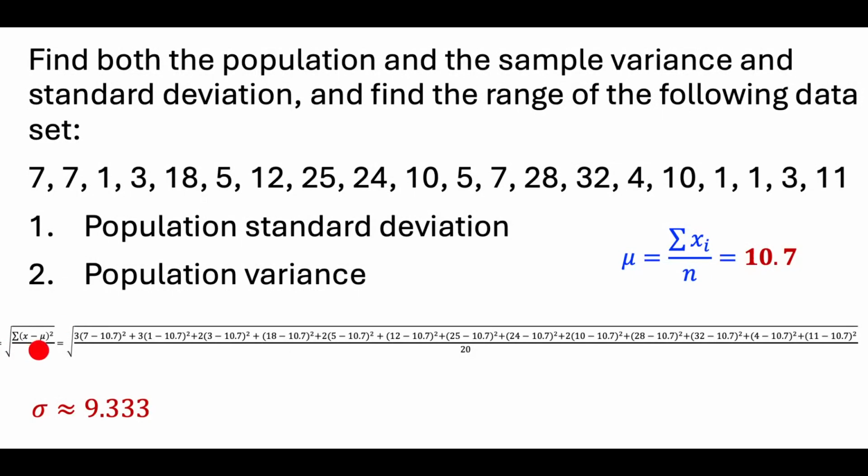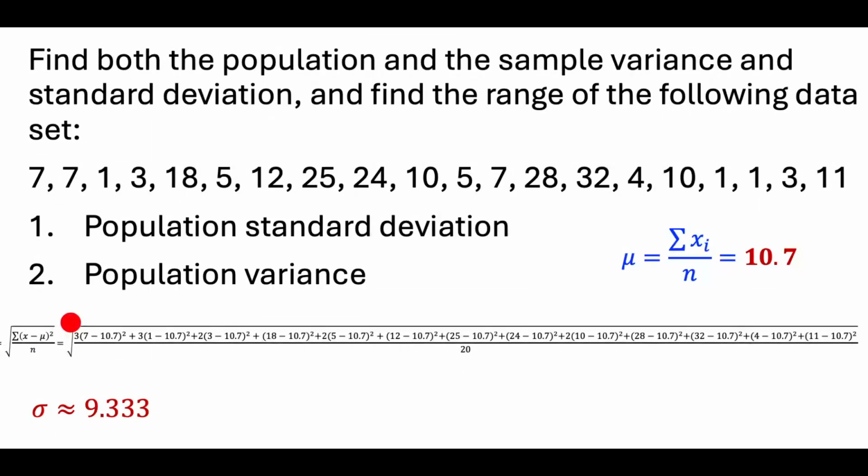Notice for the mean, instead of x bar, since it's a population, we're using mu. So this is sigma, which is what we're calculating here, and then we need mu, the population mean, to be able to do our calculation. So it's the sum of the difference of every x value and the population mean, squared, and then we divide that by n, which is the total number of data points. And like I said a second ago, we're going to take the square root of all of that.